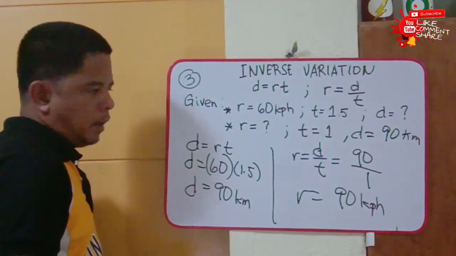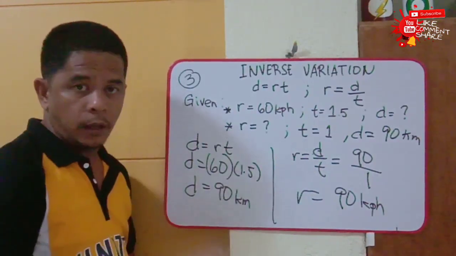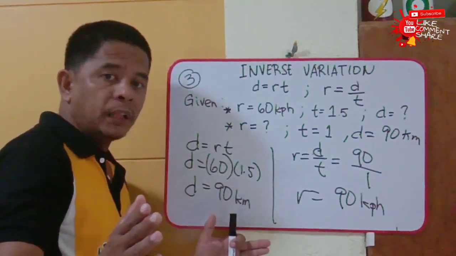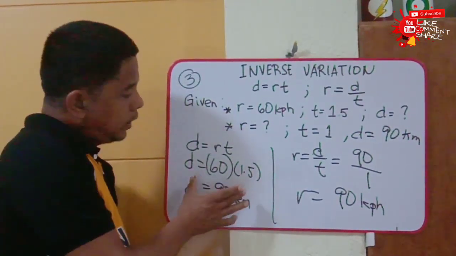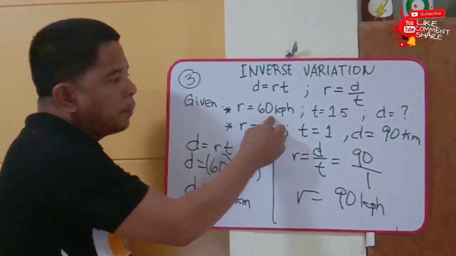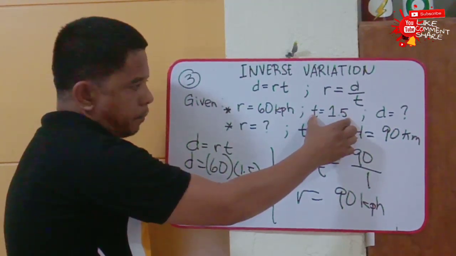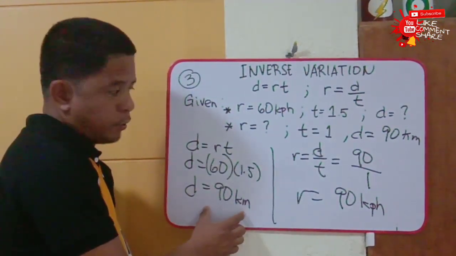So, ibig sabihin, kapag ang oras ay mas maiksi, mas mabilis yung tinatakbo niya kung pinag-uusapan natin ay same distance. Nung una natin, kung ang rate natin ay 60 km per hour at nakuha niya ng 1.5, ang distance ay 90 km.